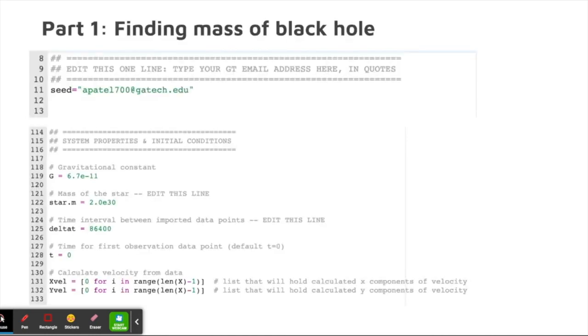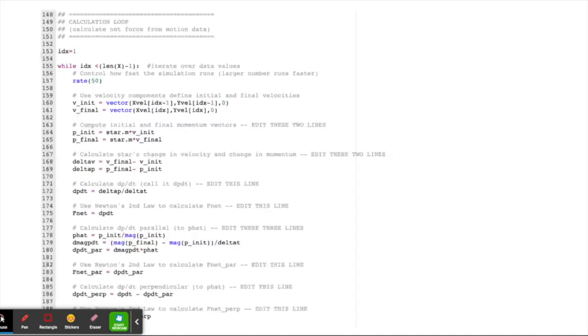So here is the GlowScript code for part 1. I added in my Gotek email as listed here, and added in the mass of the star and the amount of seconds in 1 day for delta t. I then computed the components to find the initial and final velocities and initial and final momentum vectors, as well as the velocity and change in momentum.